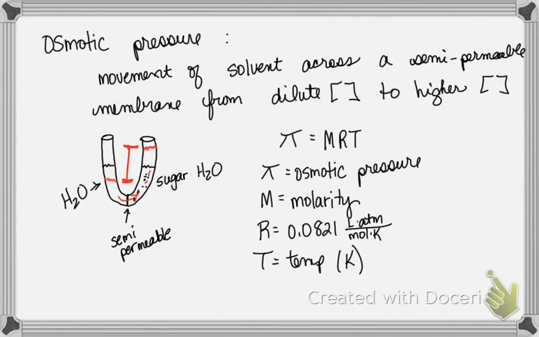Hyper means more than, right? So a hypertonic solution means it's more concentrated. And what's going to happen is that your red blood cells are going to try to dilute the solution because, as we said, it's moving from dilute to higher concentration. So the blood cells would start to get rid of their solvent and they would shrivel up.